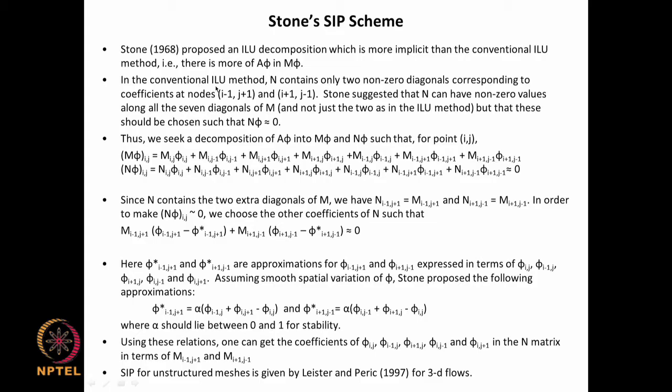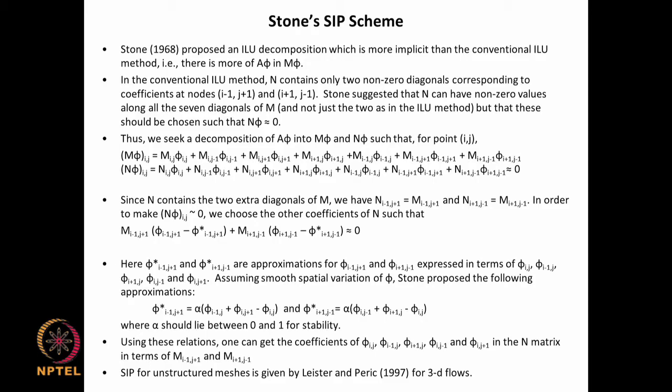In the conventional ILU method, n contains only two non-zero diagonals corresponding to the coefficients at i minus 1, j plus 1 and i plus 1, j minus 1. If you go through the whole process, 3 diagonals of L and 3 diagonals of U when multiplied will give us 7 diagonals, and there are 2 extra diagonals, and in the incomplete LU method we put the 2 extra diagonals as n.